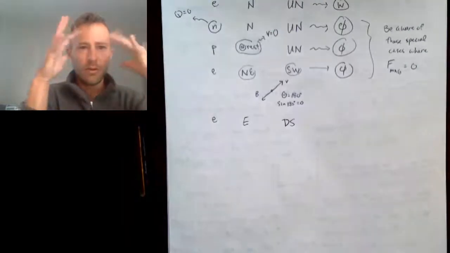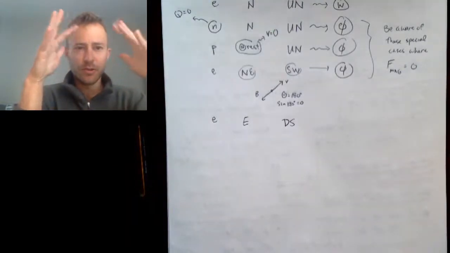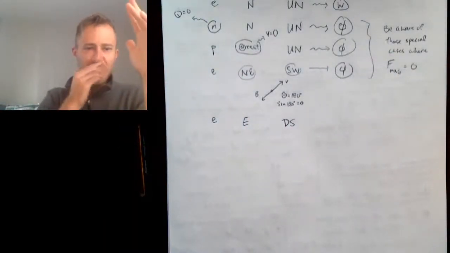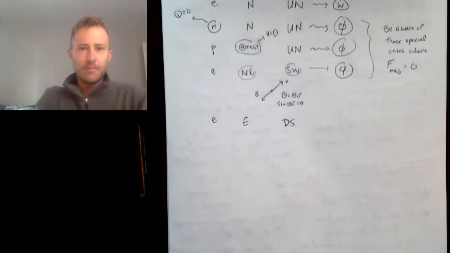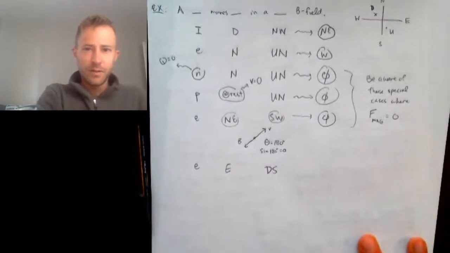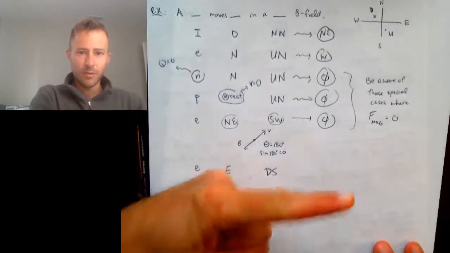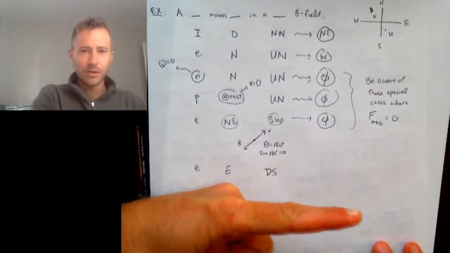Okay, so first I have to choose which hand I'm going to use. An electron has negative charge, so I'm going to use my left hand. Then I'm going to put my pointer finger in the direction of the velocity, which in this case is the eastward direction. So I'm pointing my pointer finger towards the left.